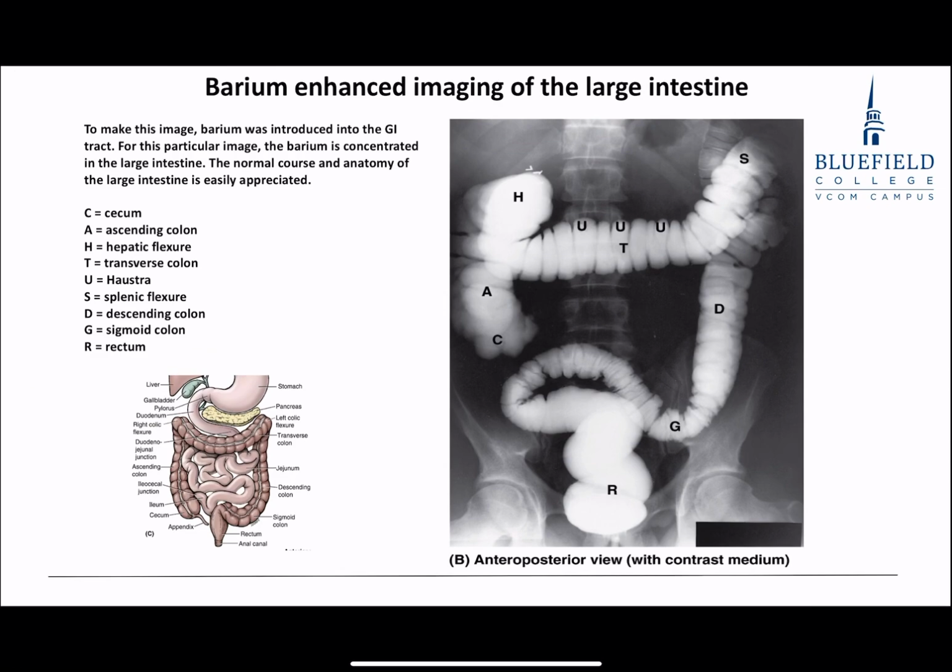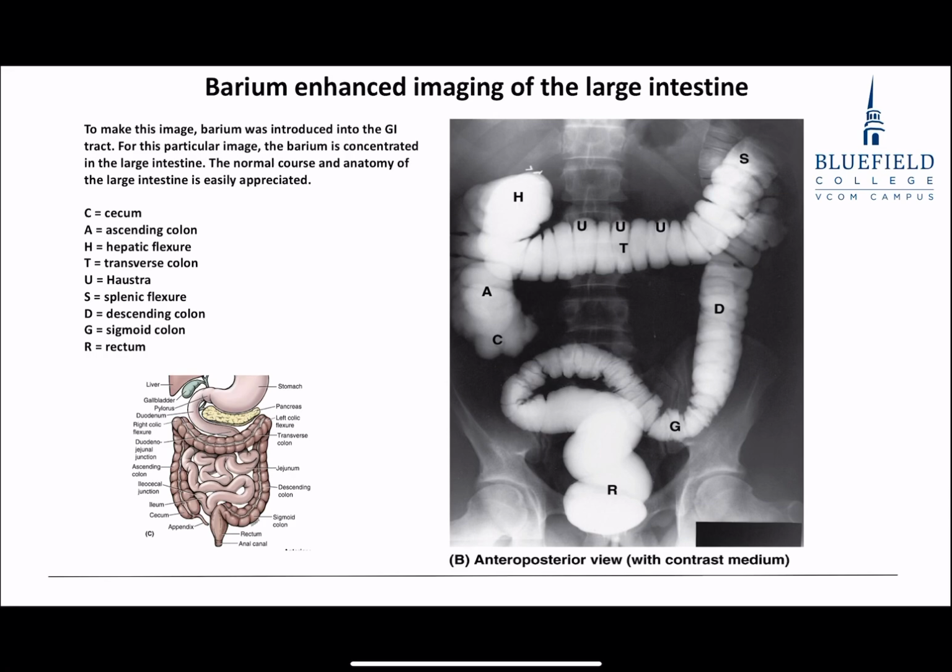It's attached to the posterior abdominal wall, but then the sigmoid colon is the next segment, and its location is variable, its length is variable, because again, it's not attached to the posterior abdominal wall, it's attached to a mesentery, it's very mobile. And then all of a sudden, the haustra disappear, and if we could see them, the epiploic appendages would disappear, the tinea coli would disappear, and here you have the rectum. And then we're not seeing the anal canal, the anus right there. It doesn't have barium in it.